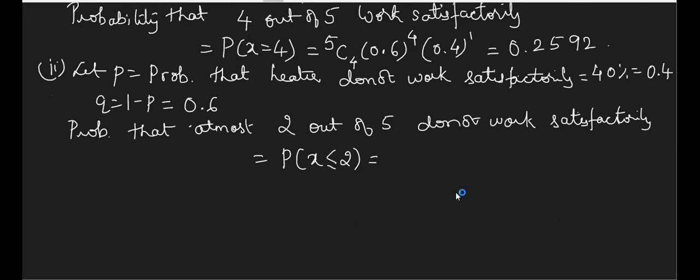So 2 is the maximum value. You can't go beyond 2. So what are the values here? X less than or equal to 2 means how many heaters do not work satisfactorily? 1 and 2. Only 1 and 2? 0 also will come. What is the meaning?